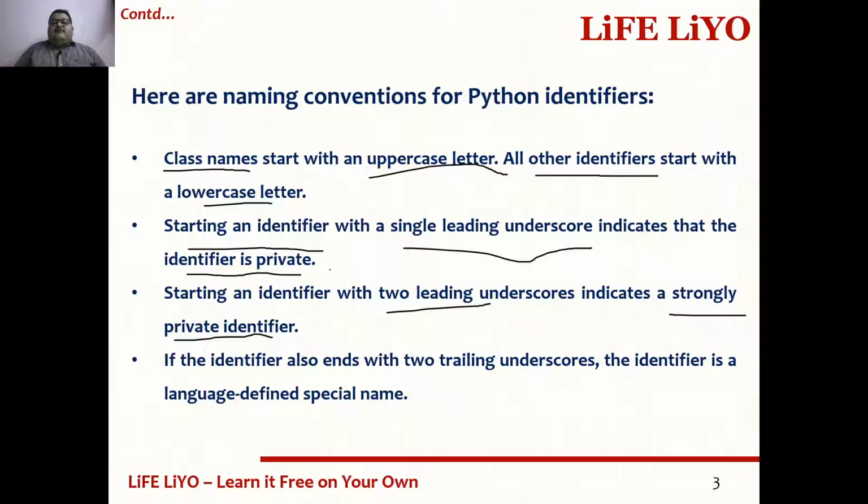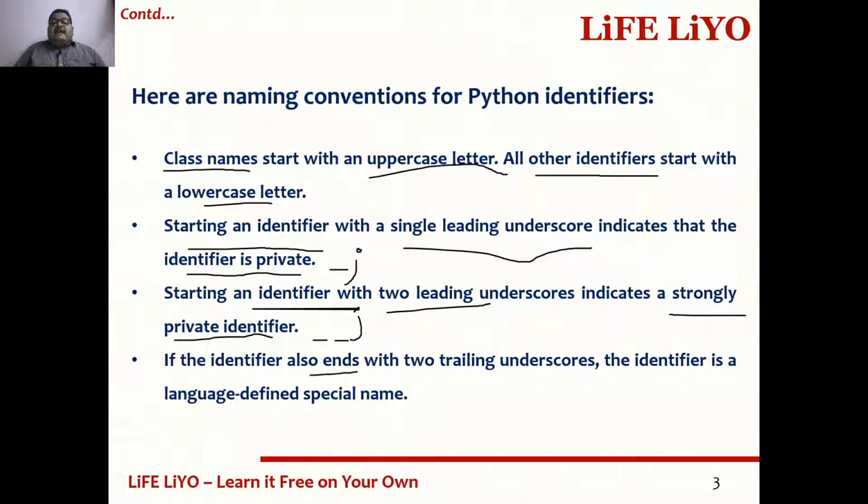For example, if I write _j, a single underscore j means it is a private identifier, a normal one. But if you write it as __j, double underscore j means it is a strong private identifier.